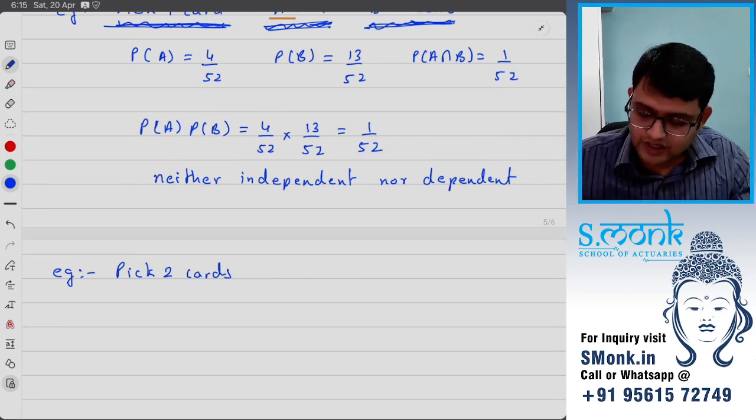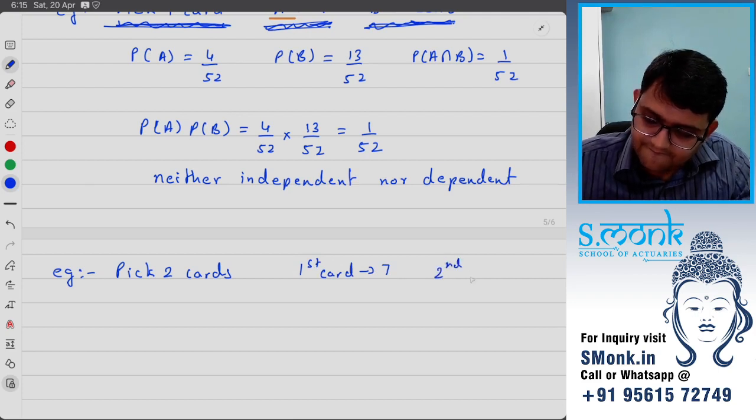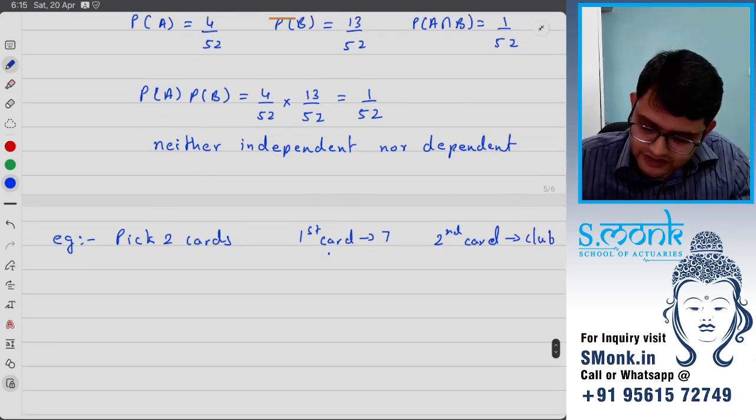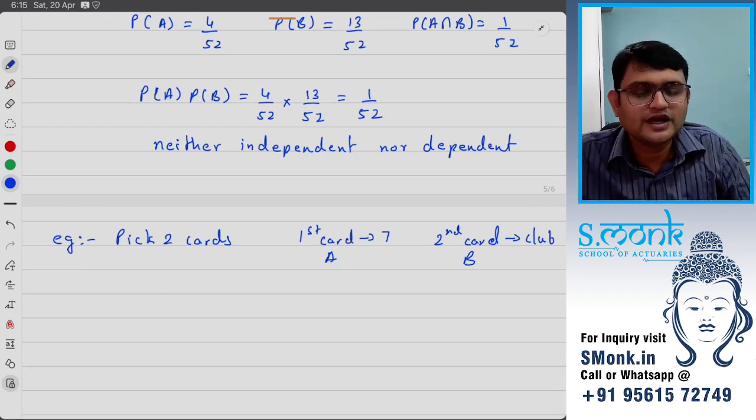Okay, in the first card I get a 7. Second card, I get a club. This is A and this is B. Now I ask you whether A and B are independent or dependent.